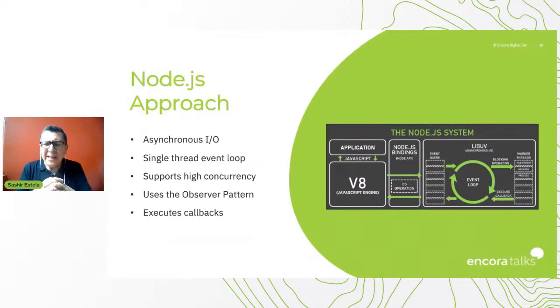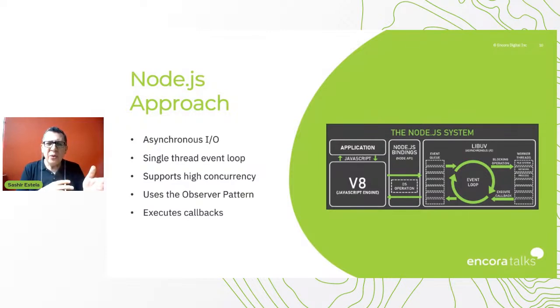In the past, around 2009, Node.js was created. Node.js was created with the goal to bring the JavaScript engine from the web, from the front end, to the back end. JavaScript was an engine that was handling the requests using a single-thread event loop approach.